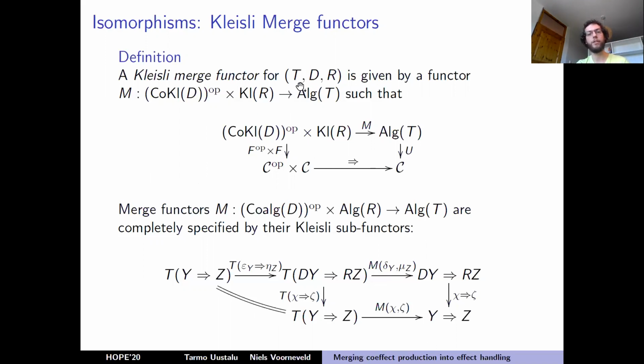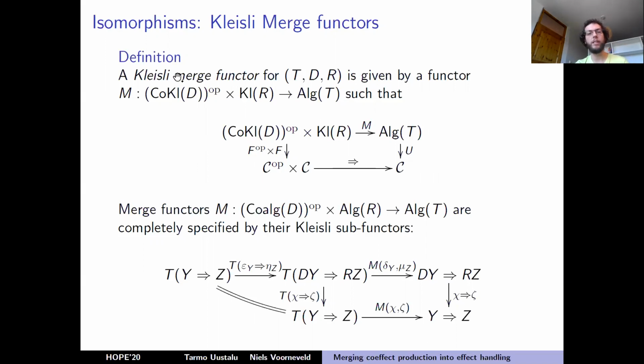So a Kleisli merge functor on T, D, and R is given by a functor on the co-Kleisli and Kleisli categories on D and R respectively, using an algebra on T, which, like a merge functor, has a similar exponentiation condition on its carriers, where it's not explicitly the carriers here, but it's the appropriate thing that we need.